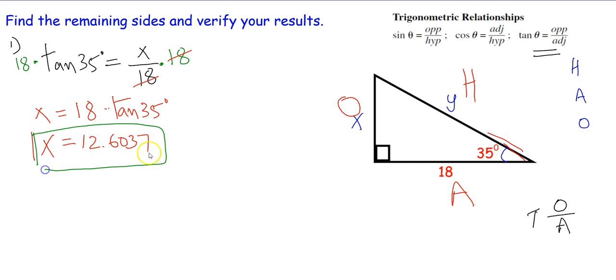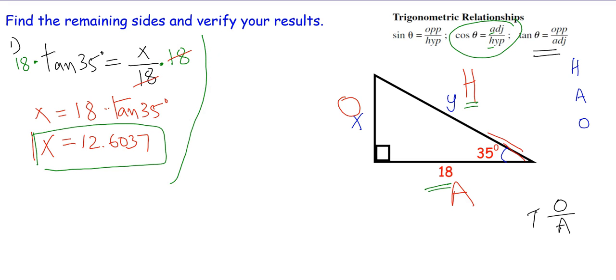Now let us find the value of y. To get the value of y, you are looking for the hypotenuse. And what is there in your hand? You have the adjacent side. So you are dealing with A and H, which is cosine of that angle theta. Here the angle is 35 degrees.